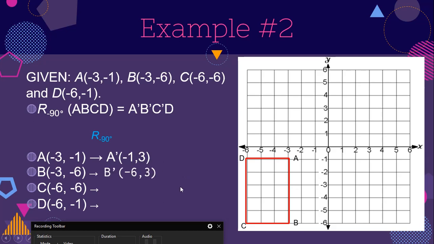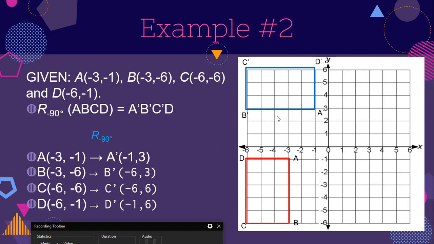So we'll do the same for B prime, C prime, and D prime. And I'll plot that set of points and label everything, and it does end up in quadrant 2. And again, you can see that the original figure was in a portrait mode, and now when it's turned, it's in a landscape mode. DA was on top on the original, it's now on the right-hand side. So the object is spinning.